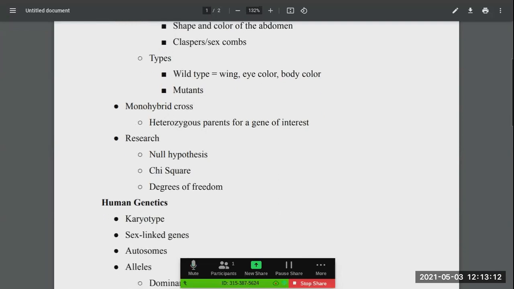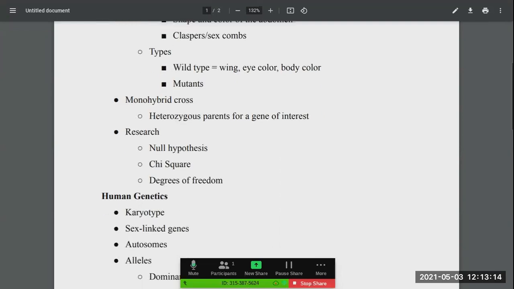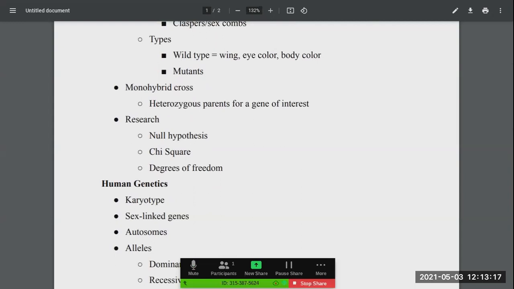Now, when we come across research in Mendelian genetics, there are certain words that might be a little confusing. I'm not going to test you on this, but I just want you to understand the concept behind it. So when we say null hypothesis, for example, in Mendelian genetics, the concept is not that complicated.